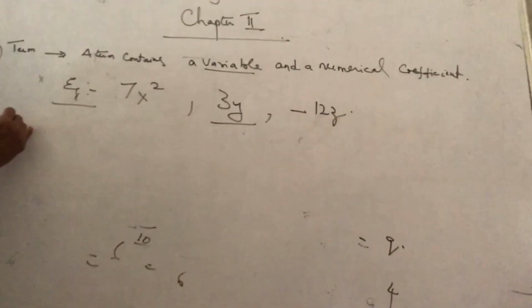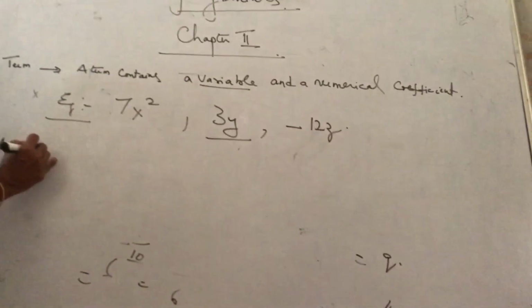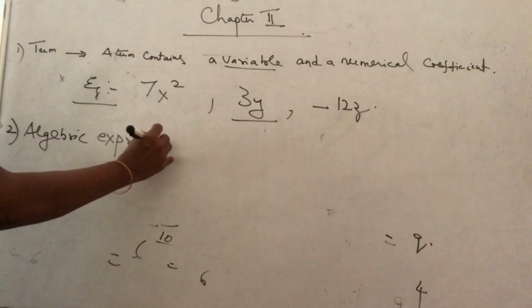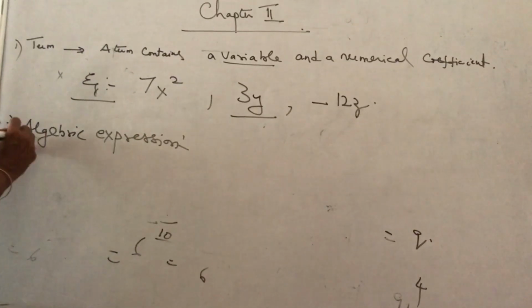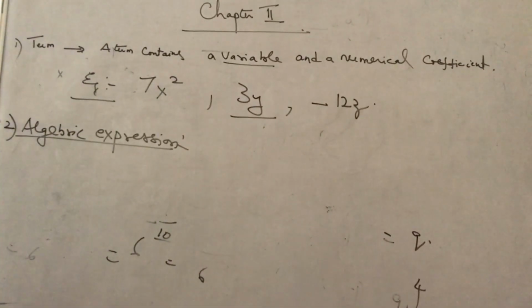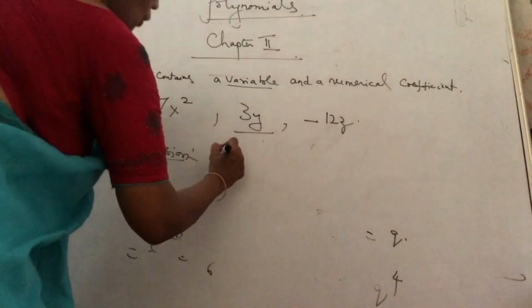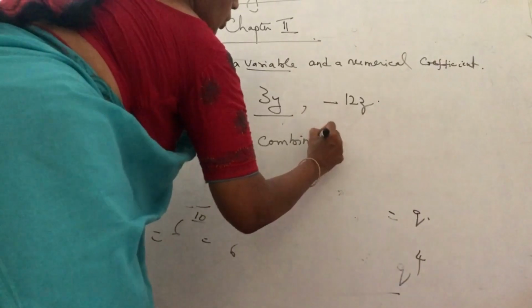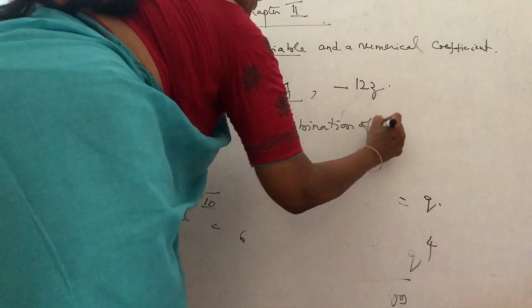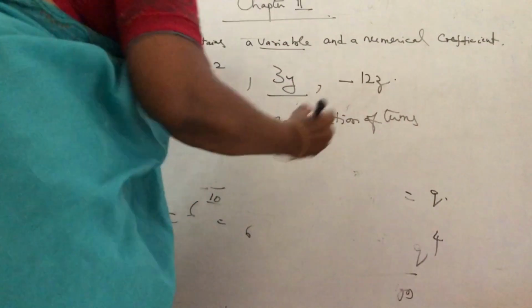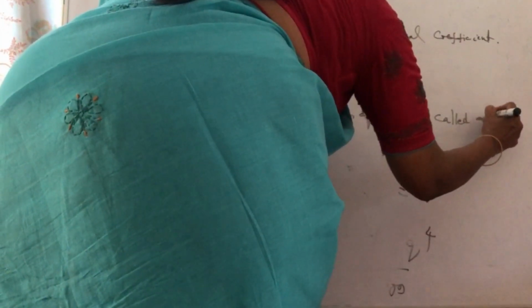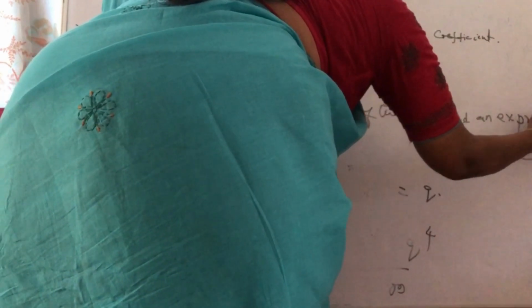Second one is algebraic expression. What is an expression, children? A combination of terms is called an expression.